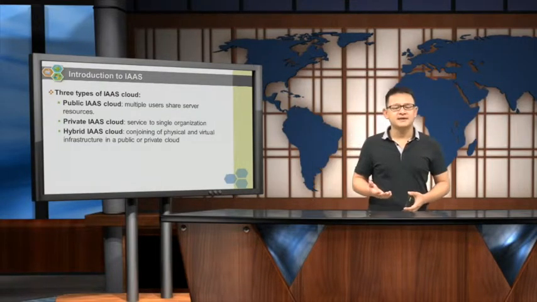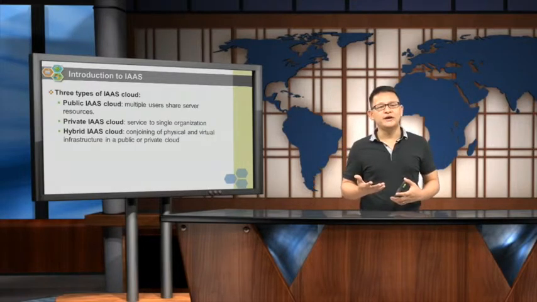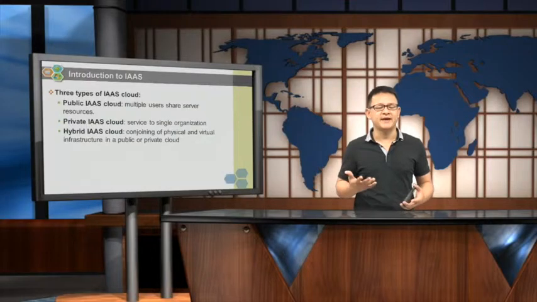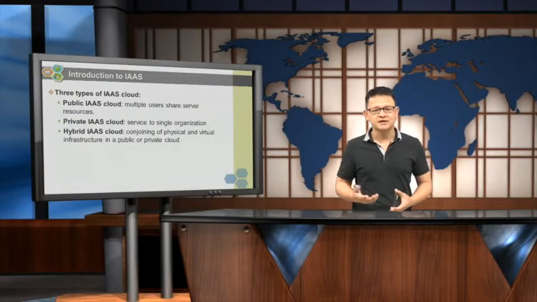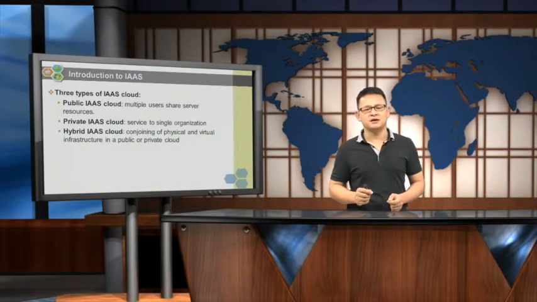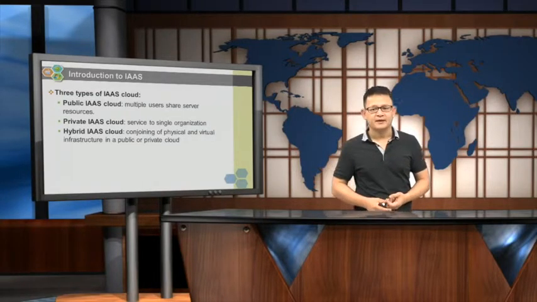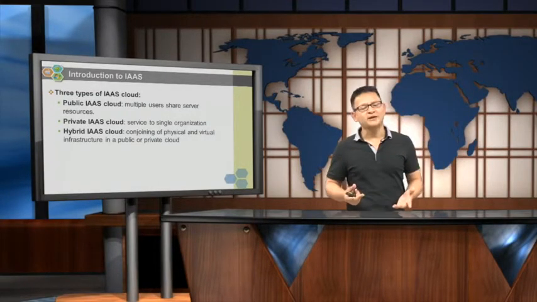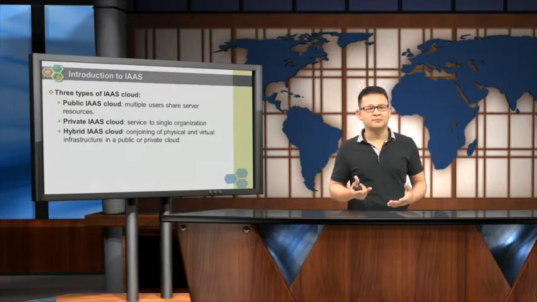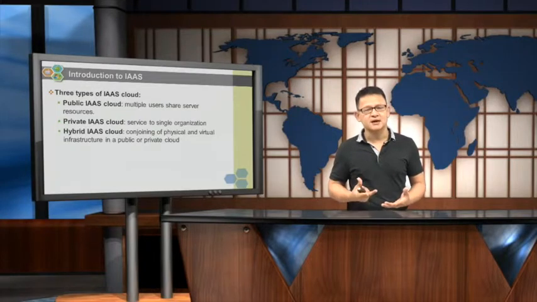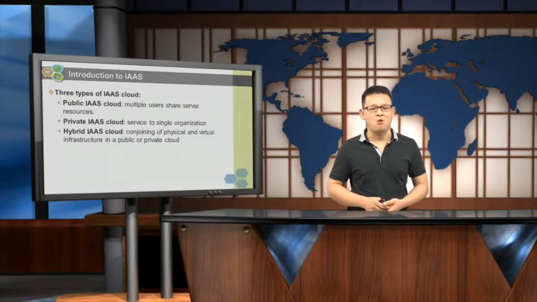In this case, you don't need to share the resources with any other user or organization. Servers and resources are specifically dedicated to the individual business and cannot be used by other users. Of course, when you have something private, you have the power and the performance, but of course you have to pay more.